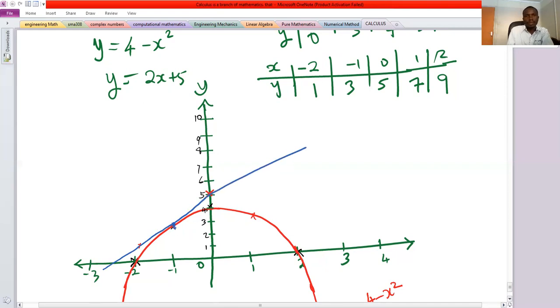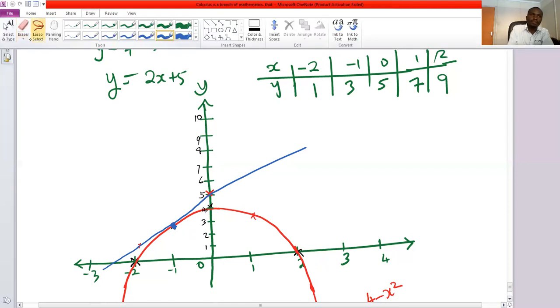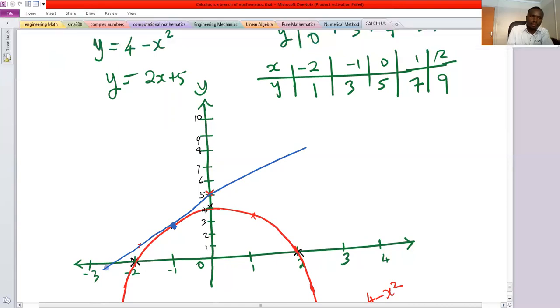So this is the equation of the tangent. So this is the tangent line. y equals 2x plus 5.